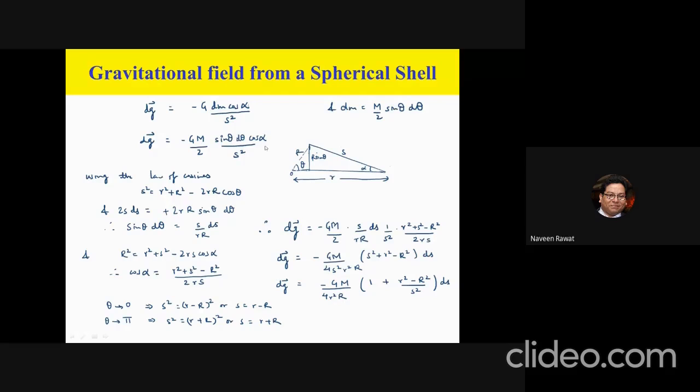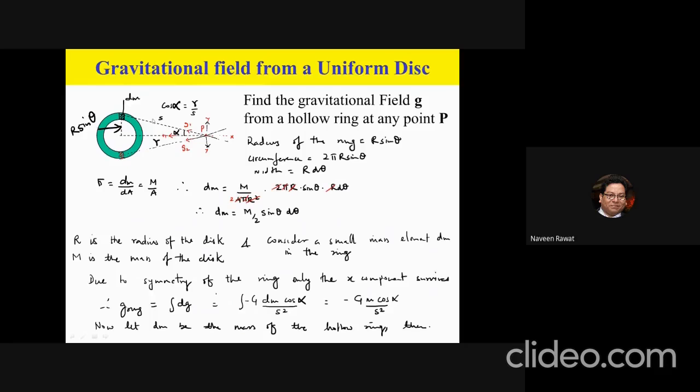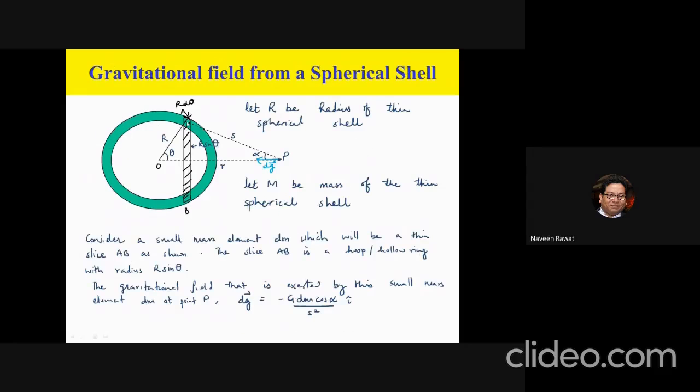In this expression, we need to get rid of s squared because s is related to this expression right here. It is meaningless for us because if you consider a different slice, the value of s will change. What are the common factors that we need? This capital R is the radius of the spherical shell, so we want to express everything in terms of this capital R. The second thing that we are worried about is where this point P is located.